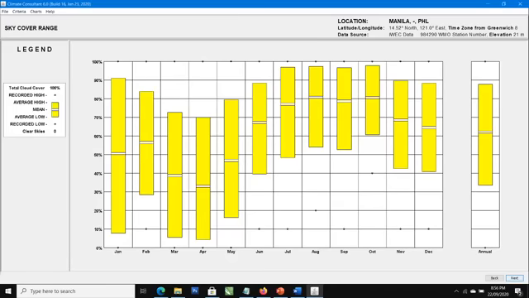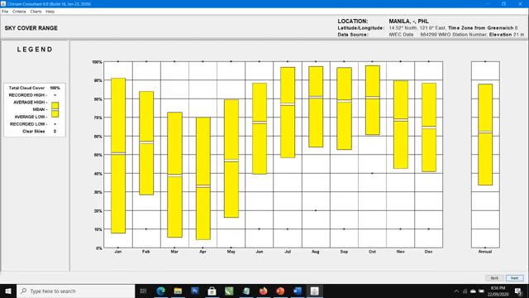So let's see here. In January, we have the greatest coverage. We have the total from 10 to 90. And then in May, June, July, the shortest.